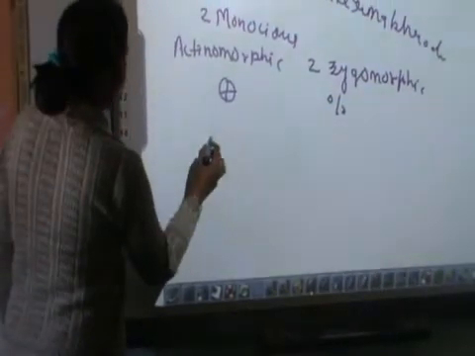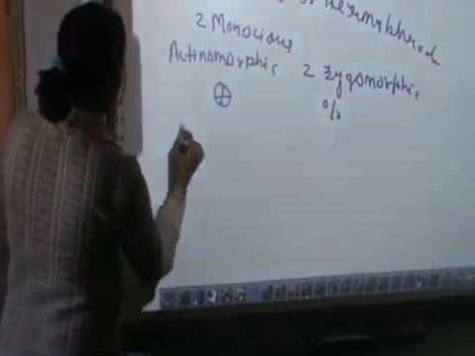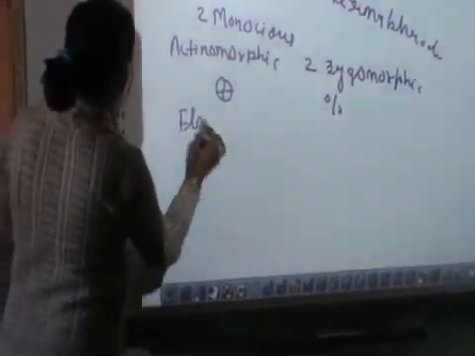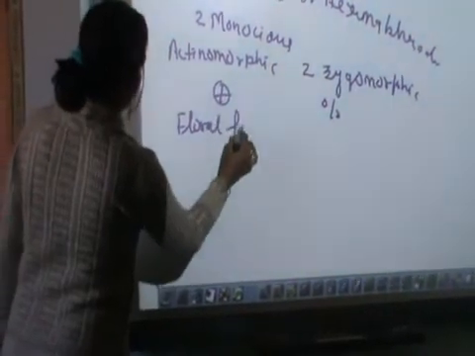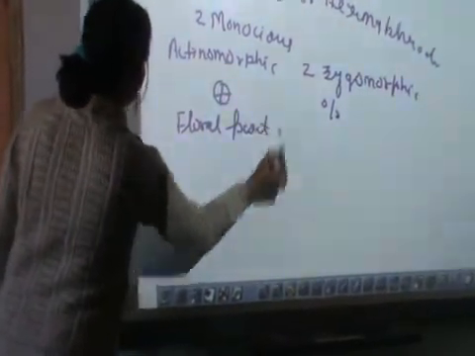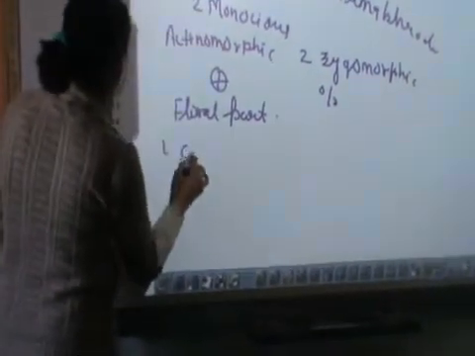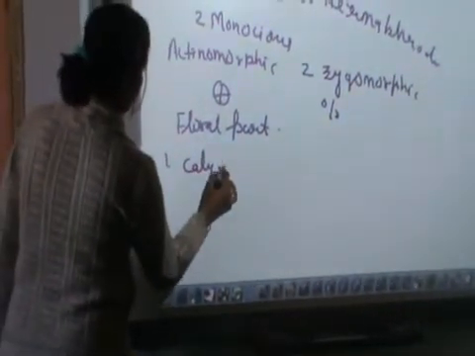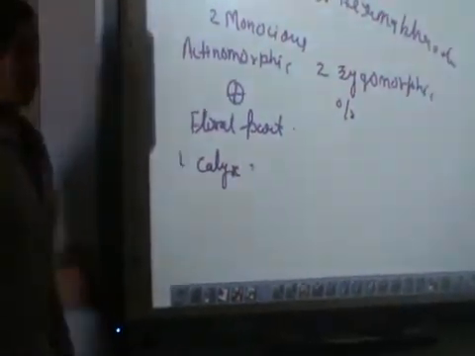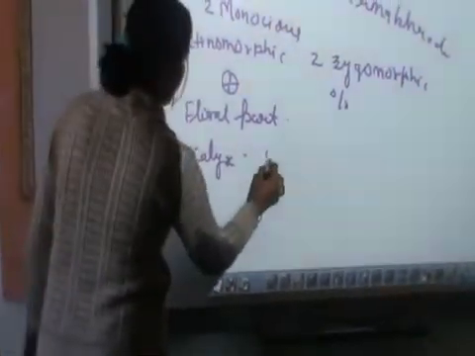Then after flower, the floral parts. Number one, calyx. The unit of calyx is sepals.